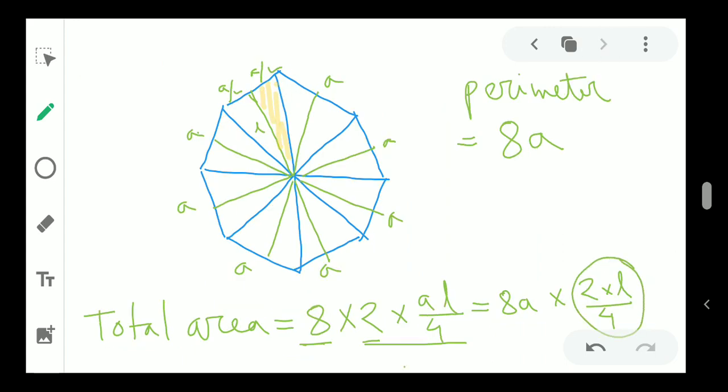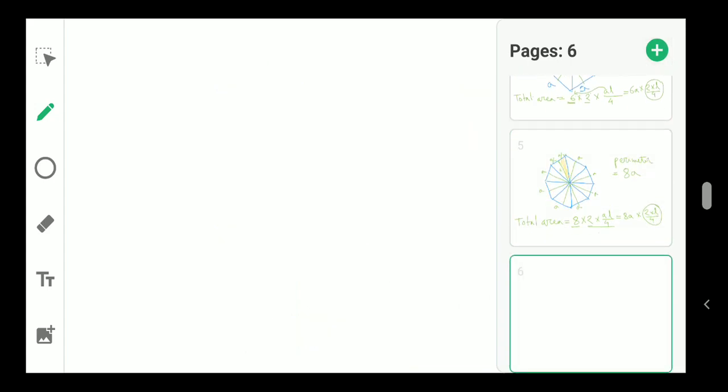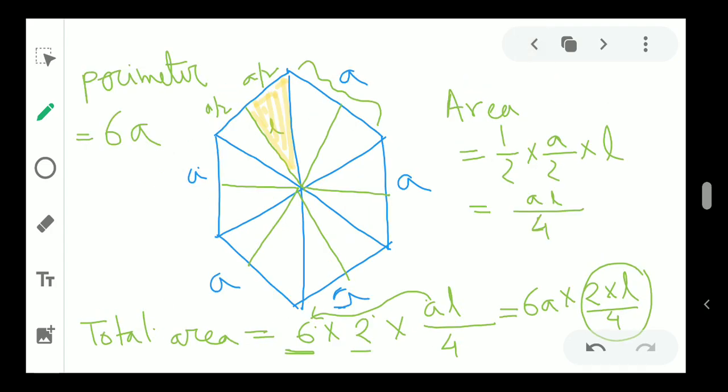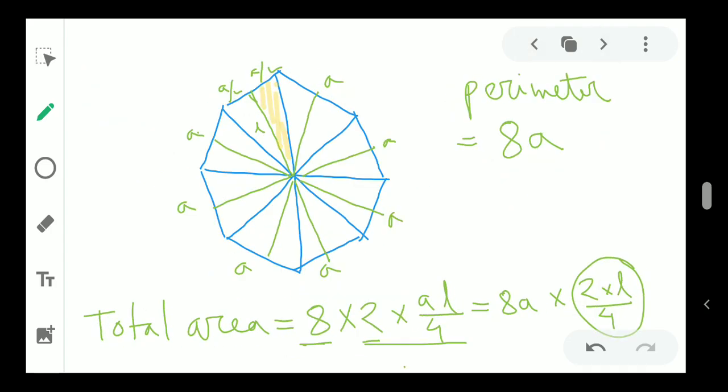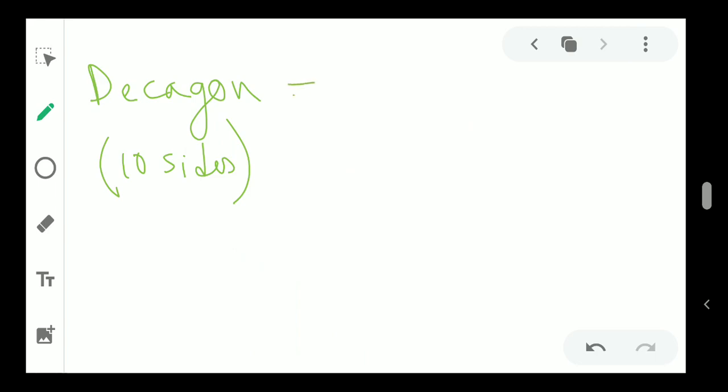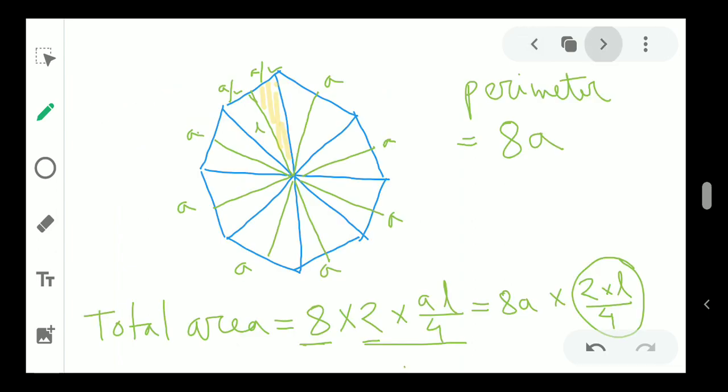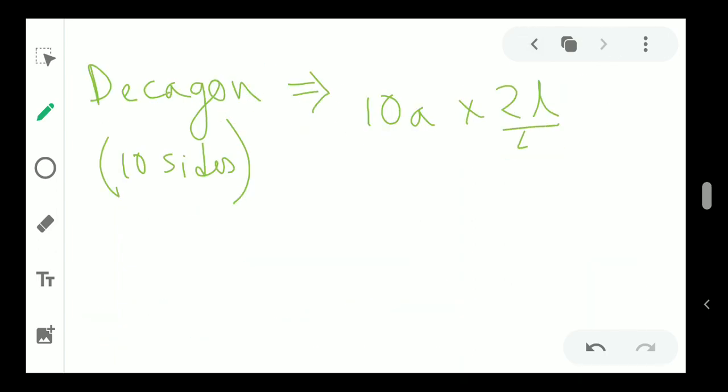If you do it for 10, for a decagon, that means having 10 sides, then according to our theory, it should come 10a into this part, which is the same, that is 2 into L by 4.